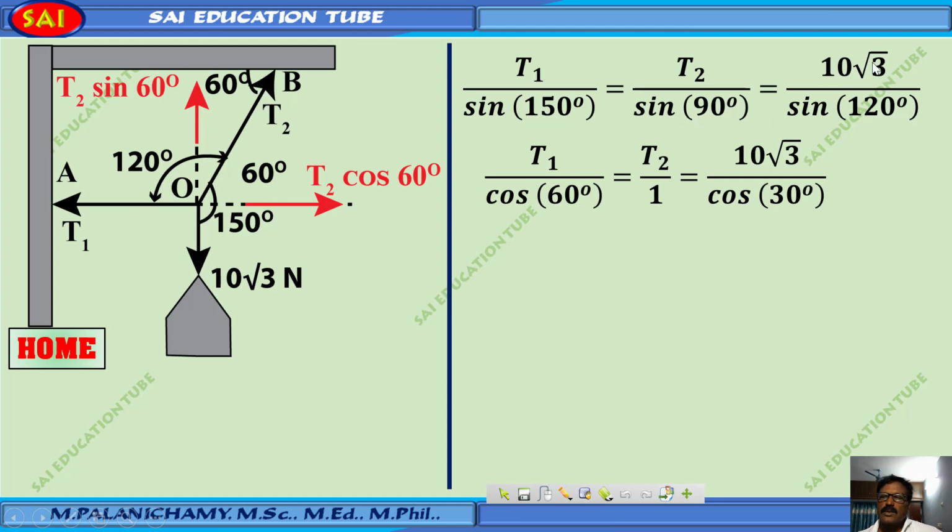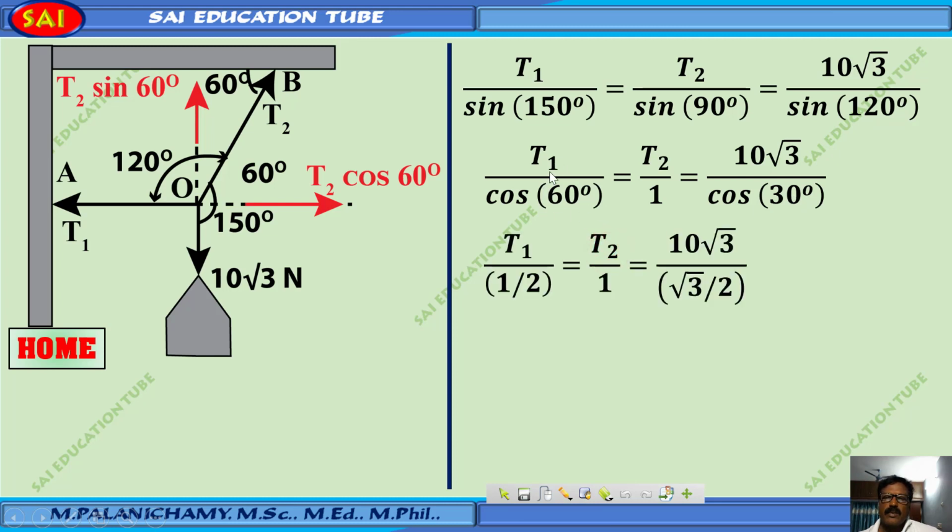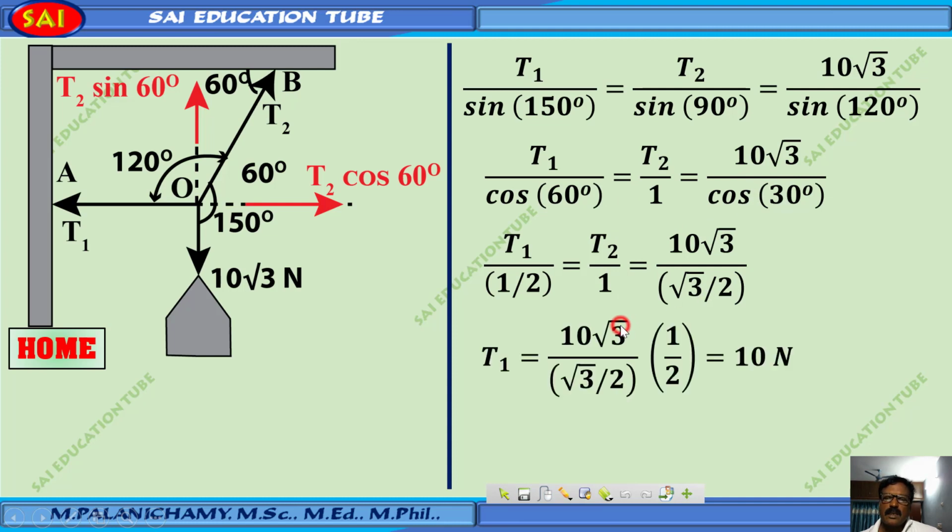Here is 10 root 3 by sine 120, the same principle, sine 90 plus 30 equals cos 30. Let us apply these values. Therefore T1 by cos 60, equal to half, and T2 by 1. Here is 10 root 3 by cos 30, equal to root 3 by 2.